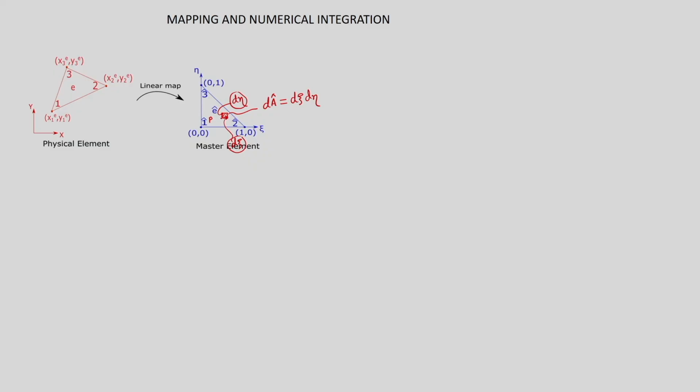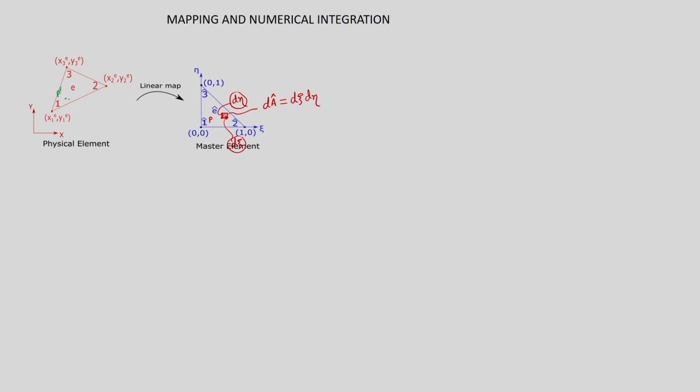Similarly, the point P, which is in this master element, let us find the corresponding point following the map in the physical element. Let us say the physical point is here, and let us mark it as P prime.